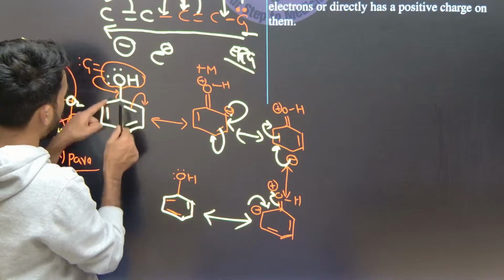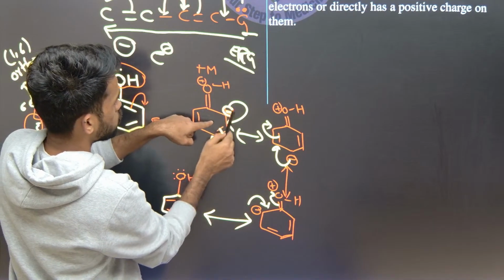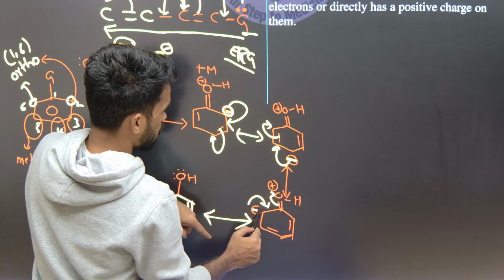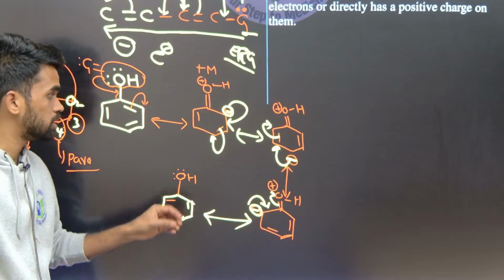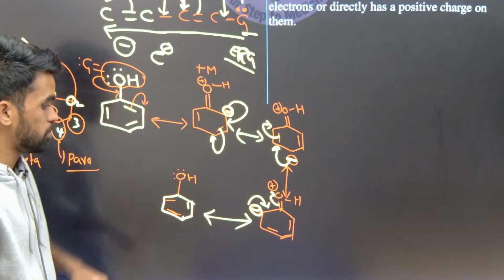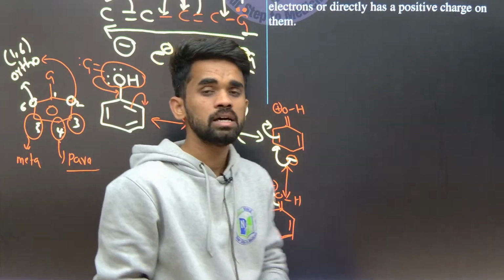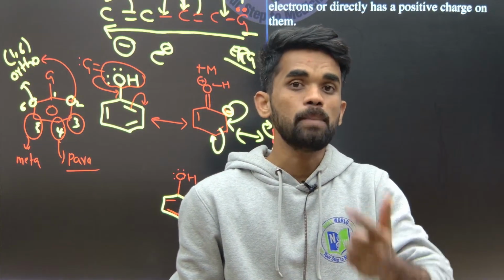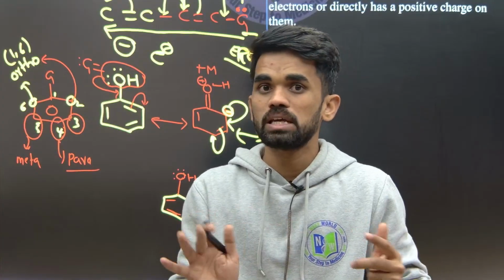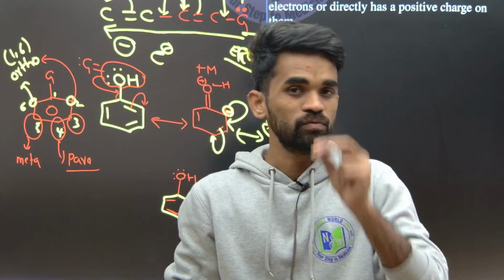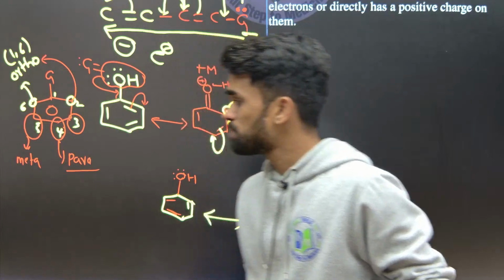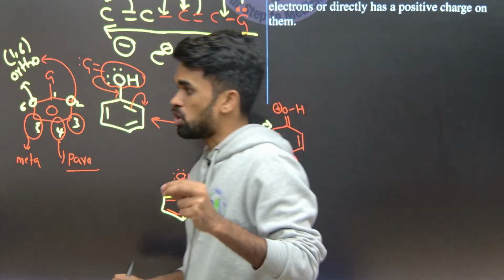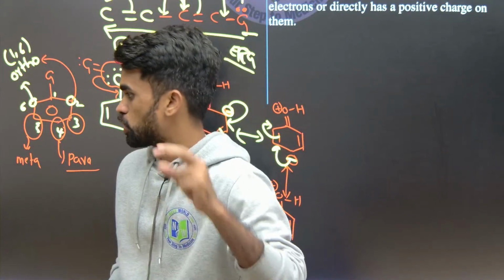You have seen negative charge at ortho, para, and again ortho. So I hope you got that electron releasing groups in mesomeric effect activate the ring, or increase electron density at ortho and para positions, but there is no mesomeric effect at the meta position. Very, very important statement. Mesomeric effect is not observed at the meta position, you can remember this.